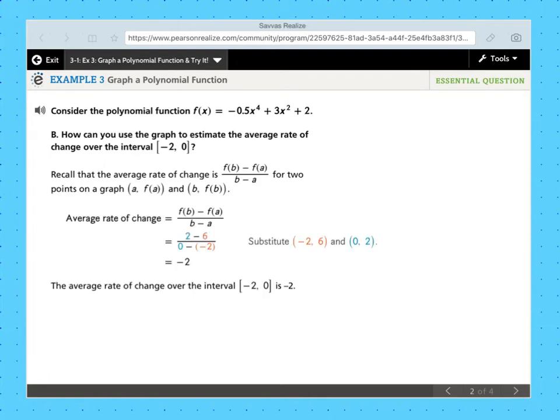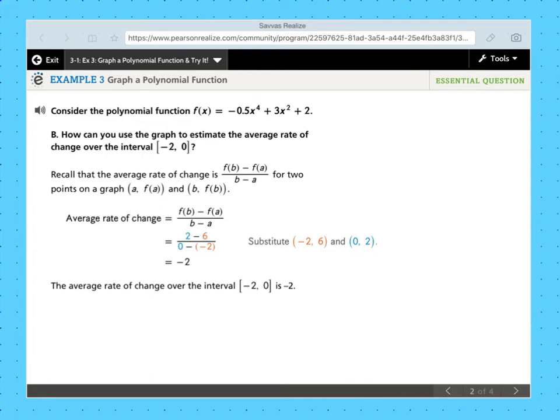If you recall, the average rate of change, if I want to write it out, is rise over, it's not y, it's m. It's my eraser. It's rise over run. Rise is the change in y, and the run is the change in x.